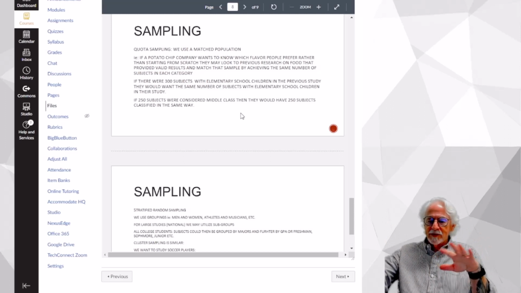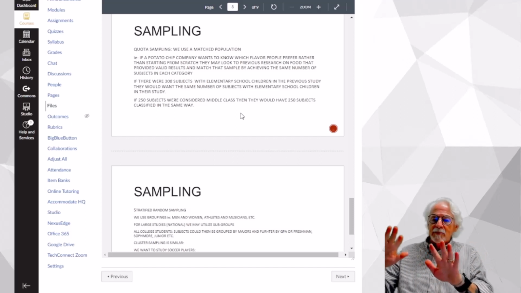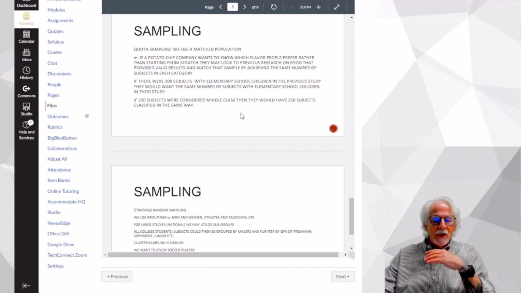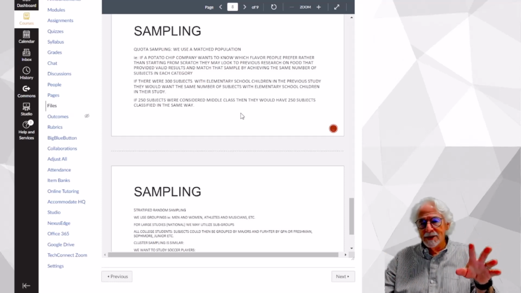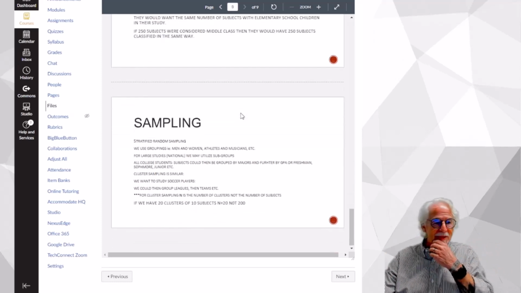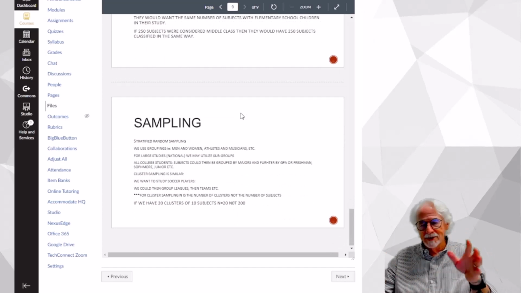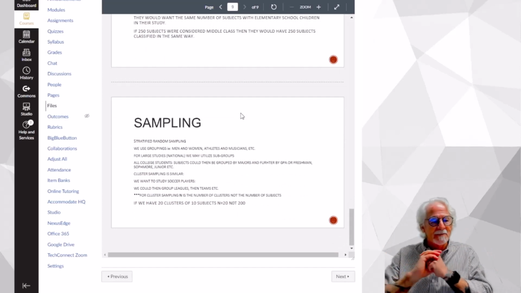So I'm going to match the population either exactly or in percentages, right? But I'm going to match a population that has already provided reliable and viable data. Most of this you don't really have to remember except for the exam, and if you keep going, you're going to get a whole lot more of it, so don't worry.